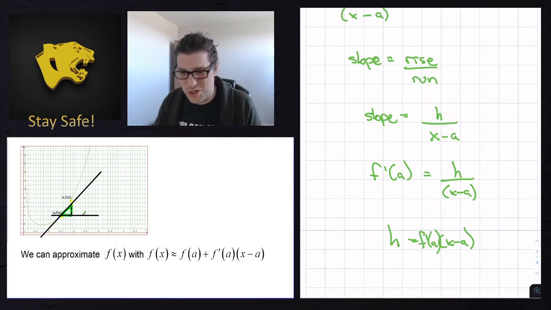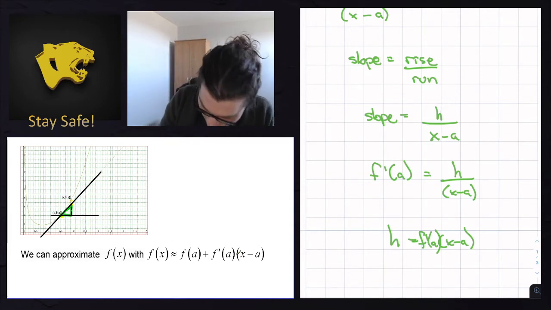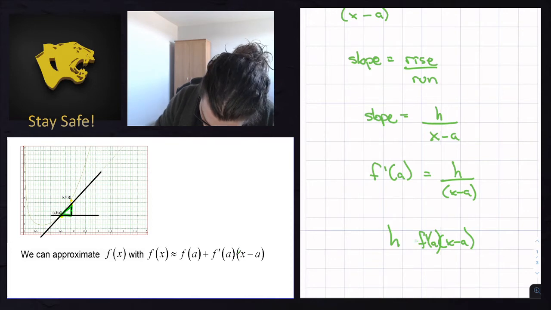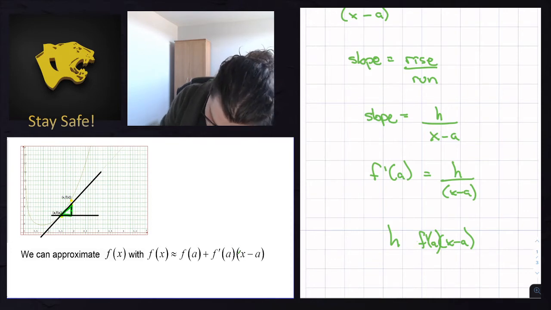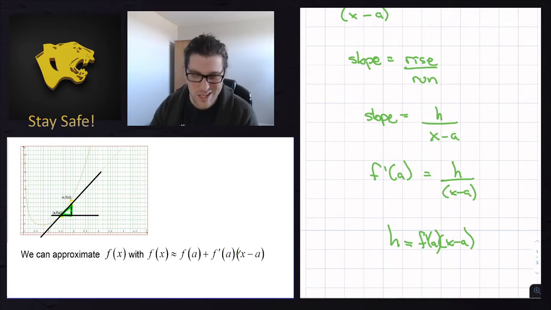I squeaked a look up there just for a moment to see which order I had written it up here, so it was a little more in line with what I was doing there. So it's going to be f prime at a times x minus a. So what do we get in total?